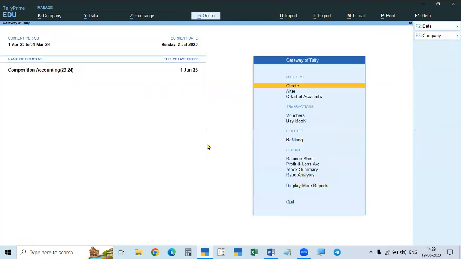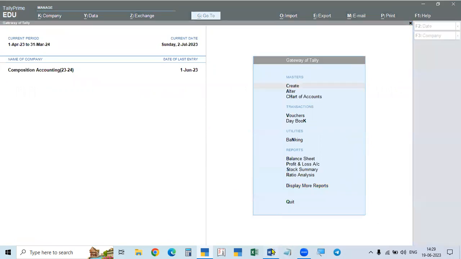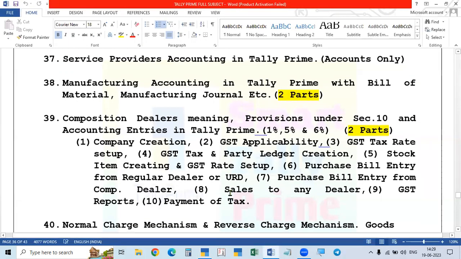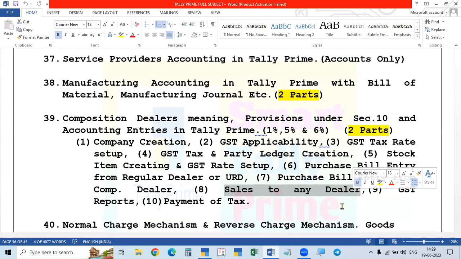So purchases are completed. Now we will go to sales. How do we record the sales? When you are selling the goods to anyone, you cannot collect tax.